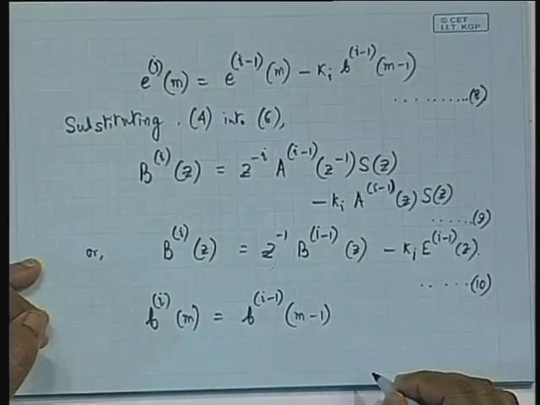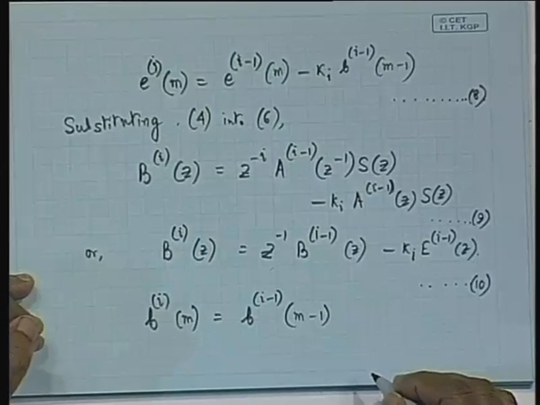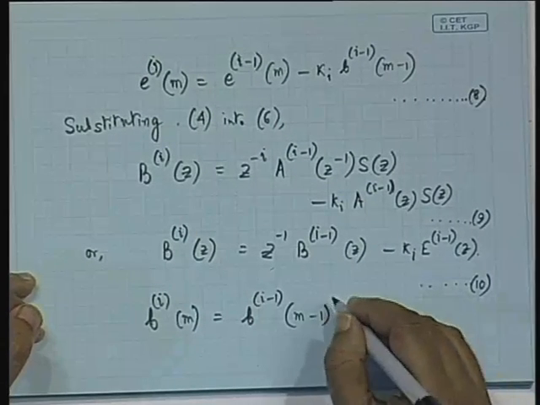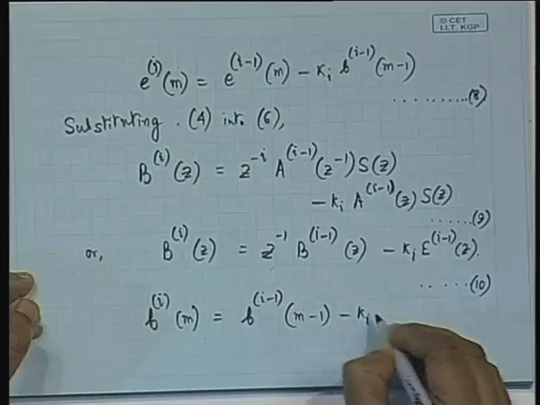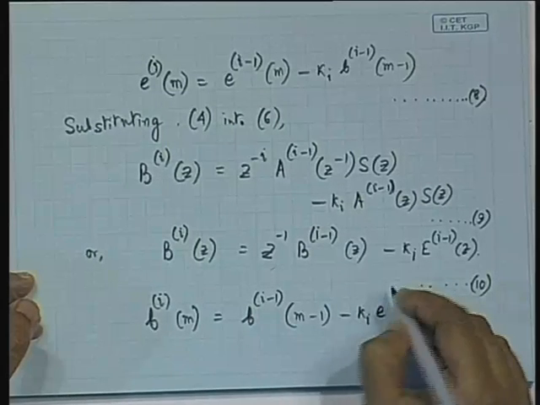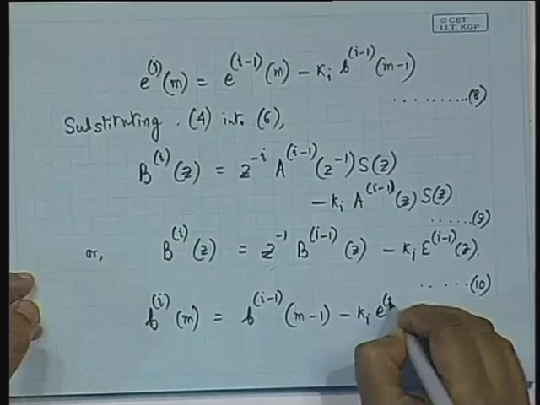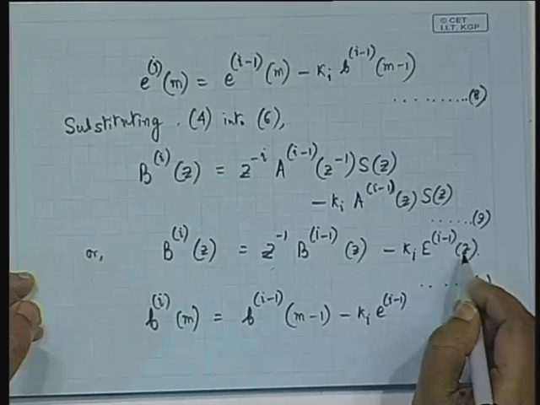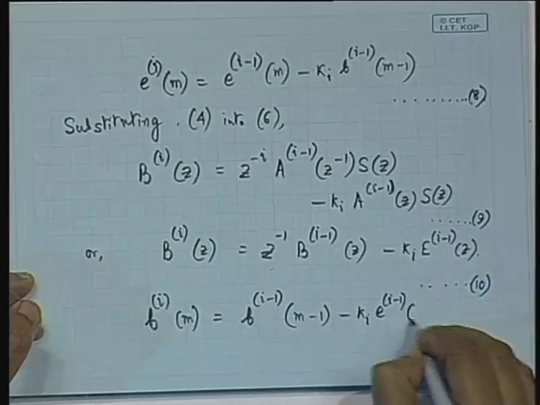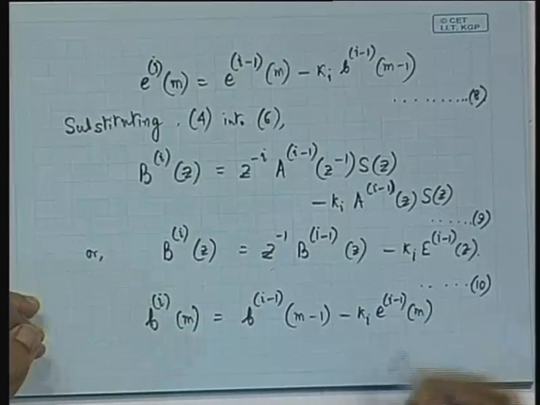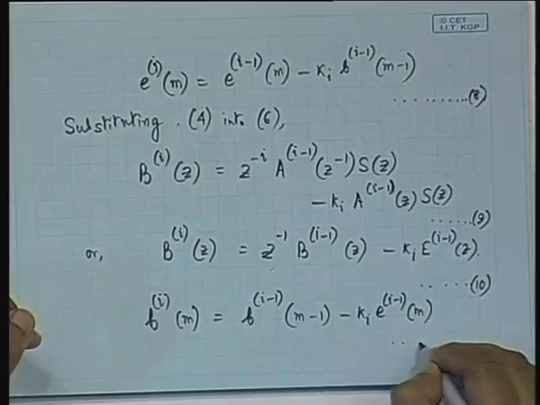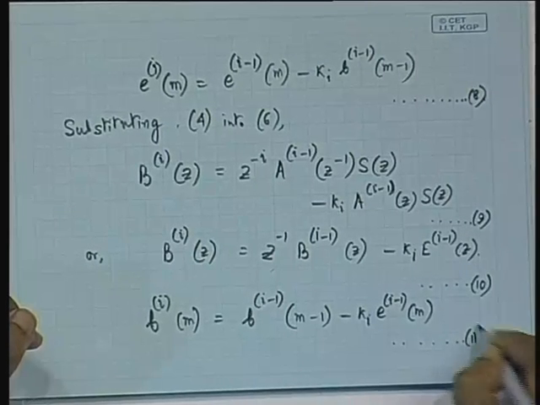In the realization of the filter, we have to give that 1 unit of delay, and then minus k I into E I minus 1 m simply. So this is equation number 11.